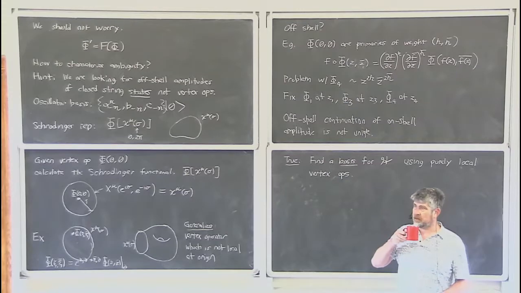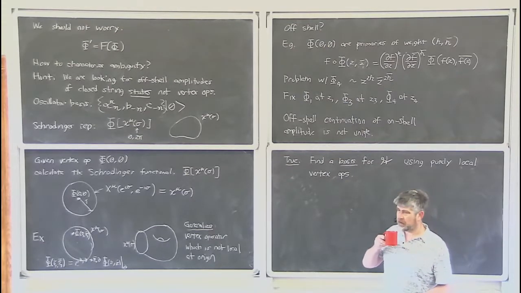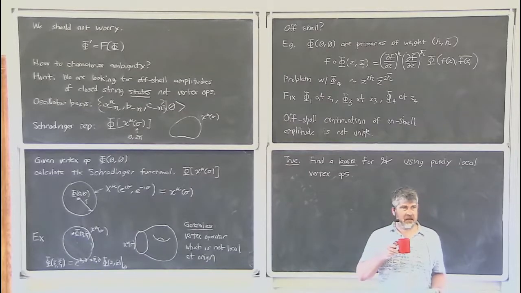So phi belongs to H. So HQ will be, I think, always local, those operators at the origin.